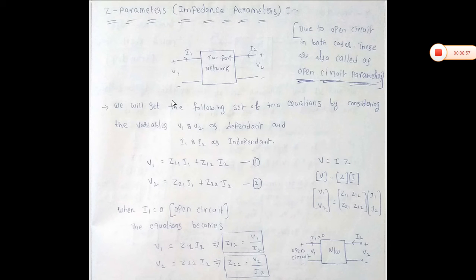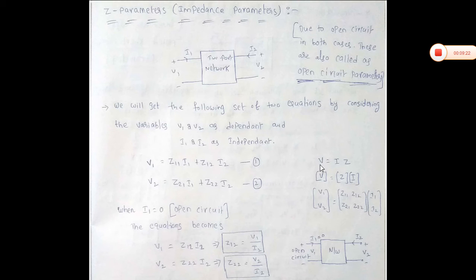We can get the following set of two equations by considering the variables V1, V2 as dependent, and I1, I2 as independent. Already I mentioned that among the four variables, two are dependent and the other two are independent.